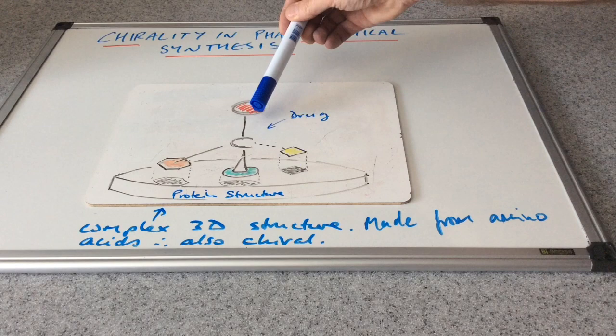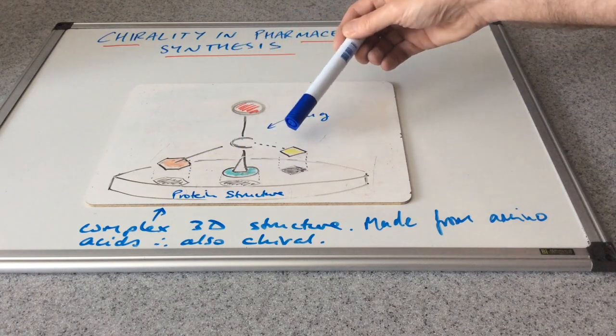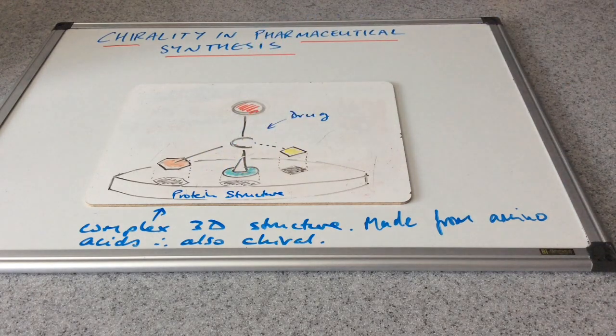So this drug is going to fit into the protein structure, and it's going to have a certain therapeutic effect as a result. This desired effect that we want the drug to have on the body is known as its pharmacological activity. So if a drug is pharmacologically active, it will have the desired therapeutic effect.